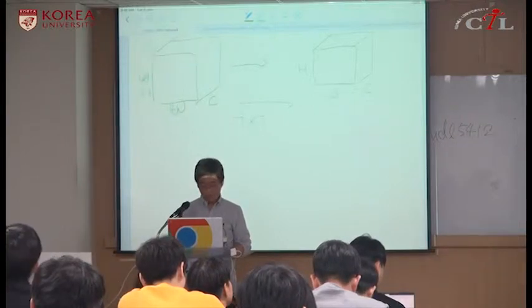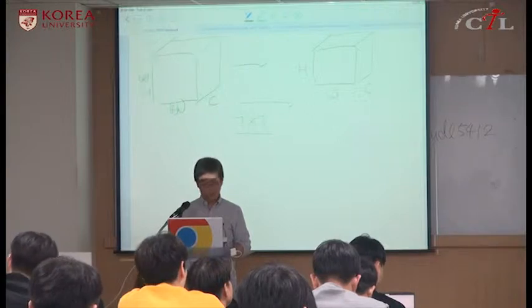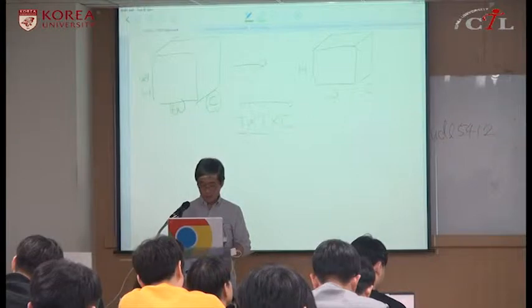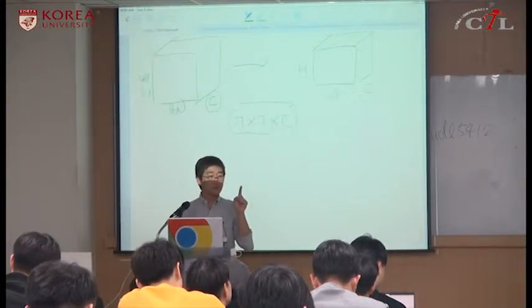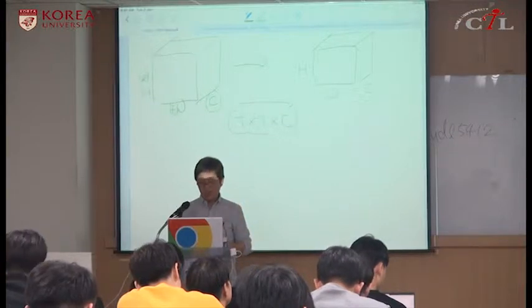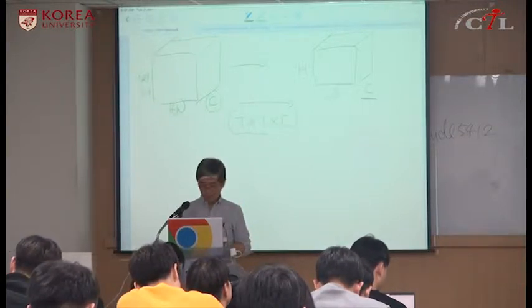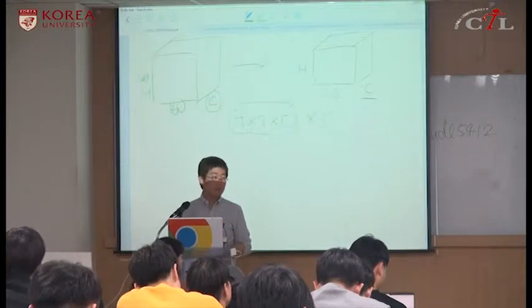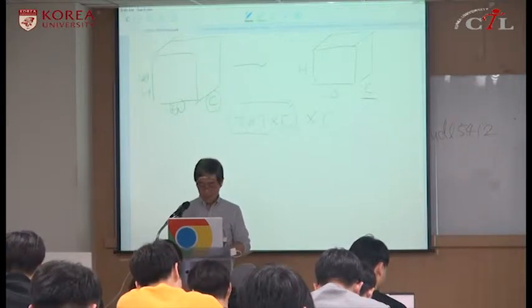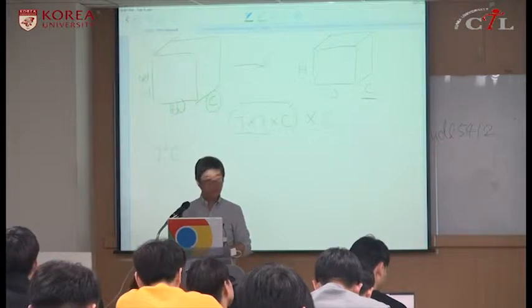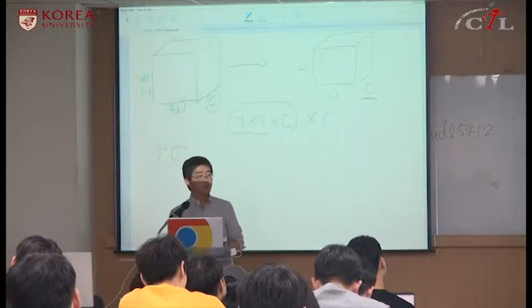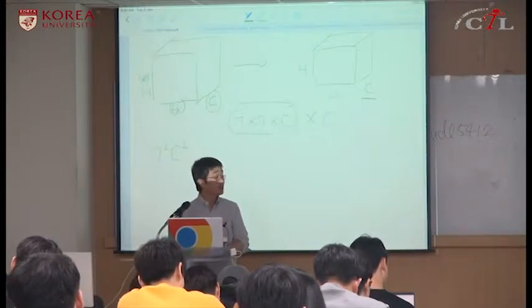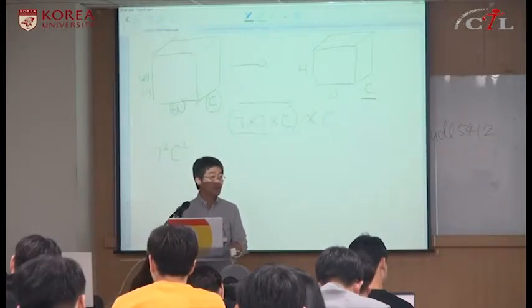One filter will have this width and height, and because the input activation map has C channels, this is the number of parameters required for one single convolution filter. And we have to generate C different channels, and thus we need C filters. So it's 7 squared C squared, the total number of parameters needed for a single convolution layer that has the 7 by 7 receptive field.